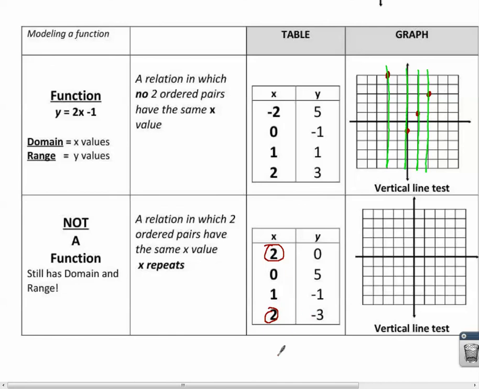So when I go to graph this, at 2, 0; 0, 5; 1, -1; and 2, -3, my vertical line test will fail because right here I have multiple points on one vertical line. So that makes it not a function.